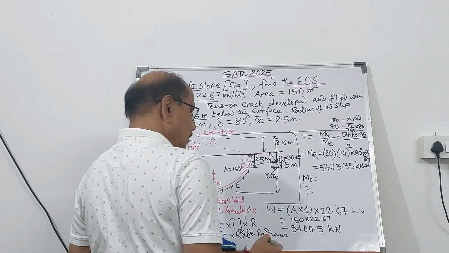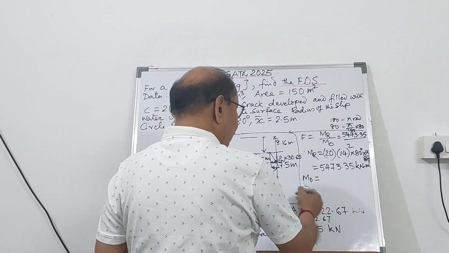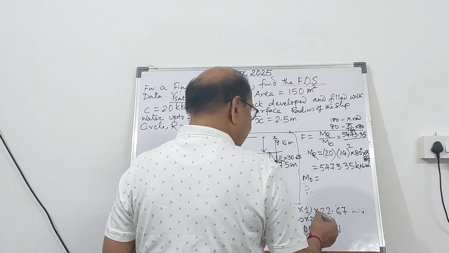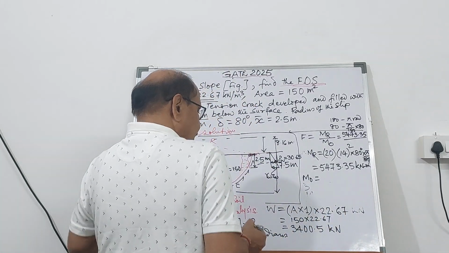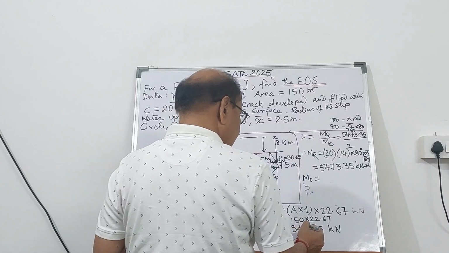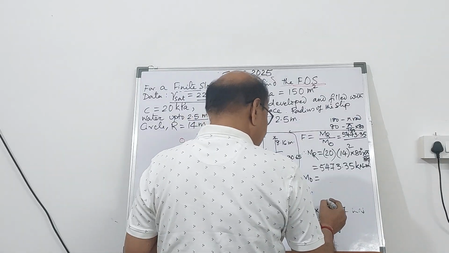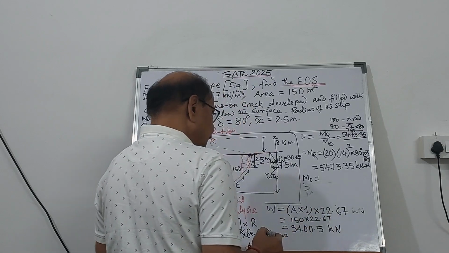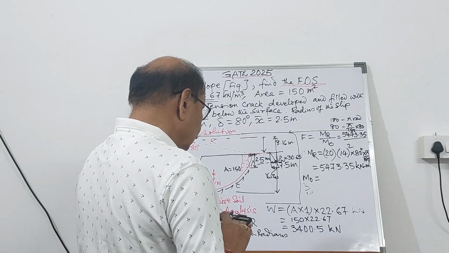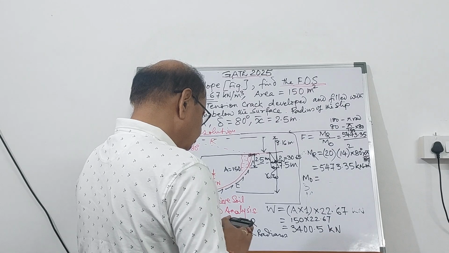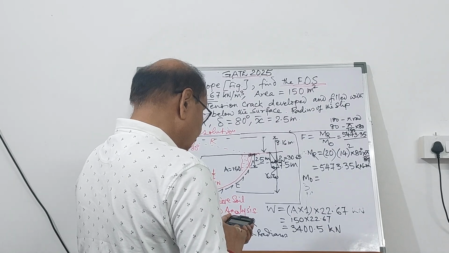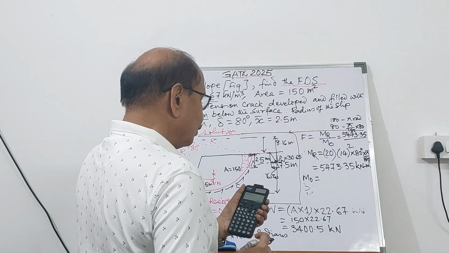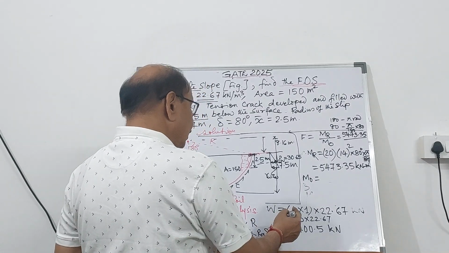So area into 1 gives you the volume, multiplied by the saturated unit weight gives you the weight in kilonewton. So it is going to be 150 into 22.67, right, 3400.5. So I know the weight.